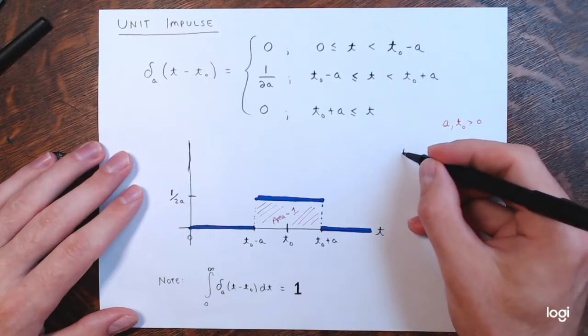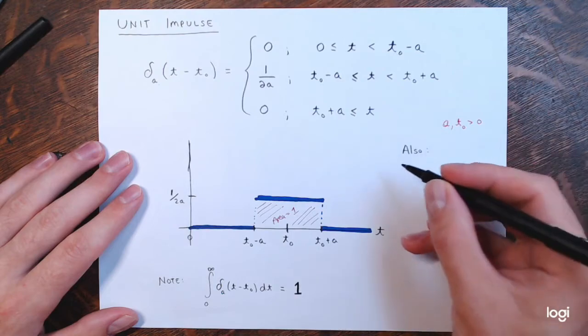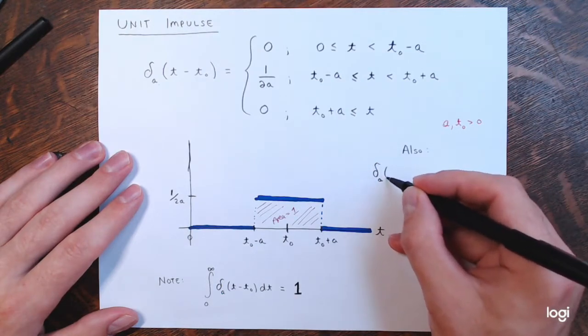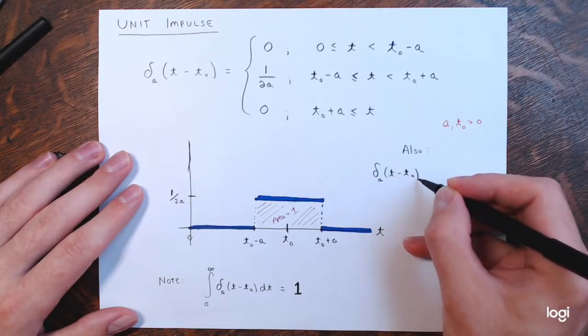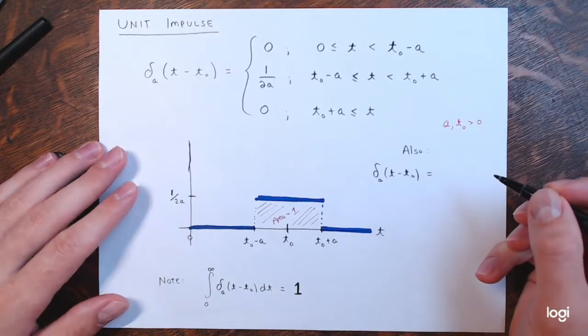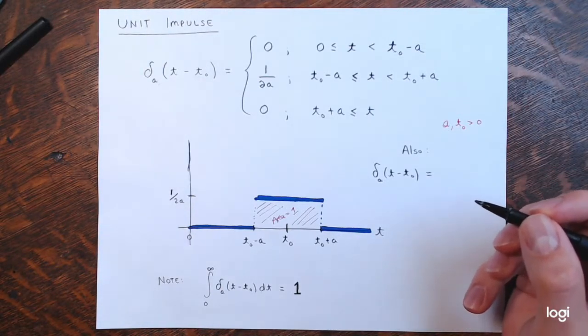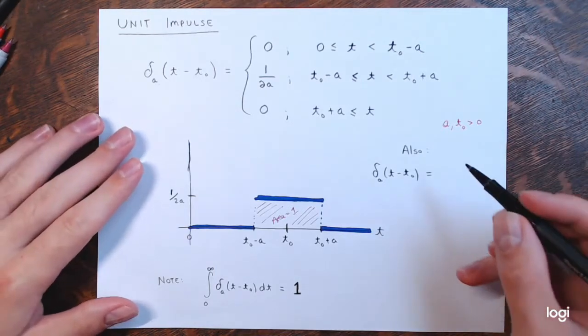Now you could also think of these impulses this way. You could think of the unit impulse, delta sub a at t minus t sub 0, in terms of unit step functions. So hopefully you recall from a previous video the Heaviside function or unit step function.